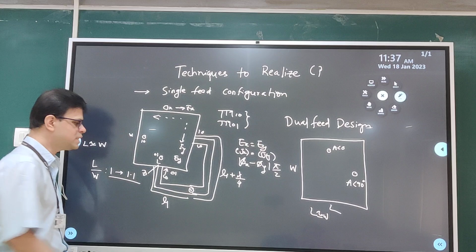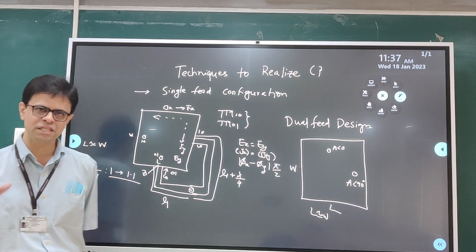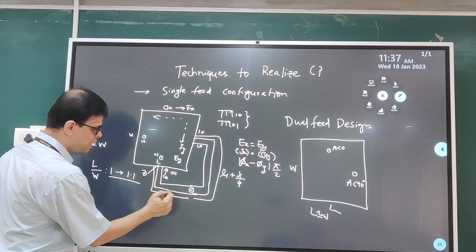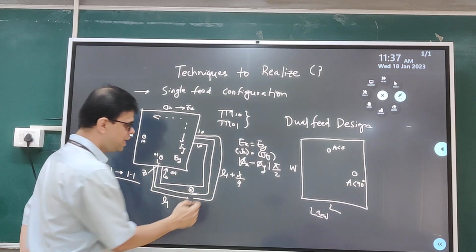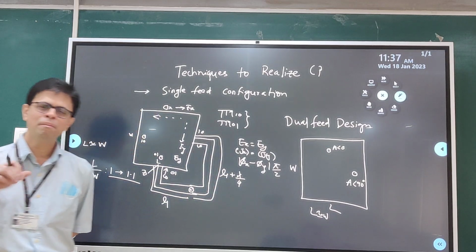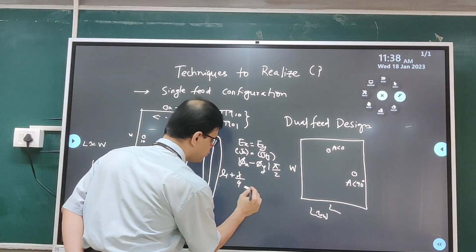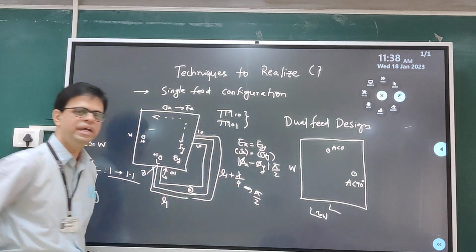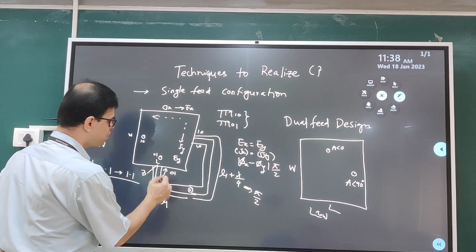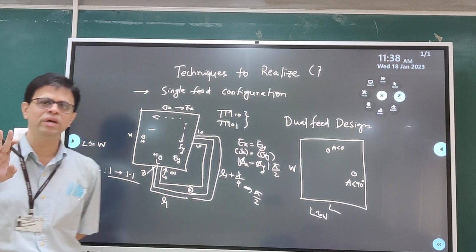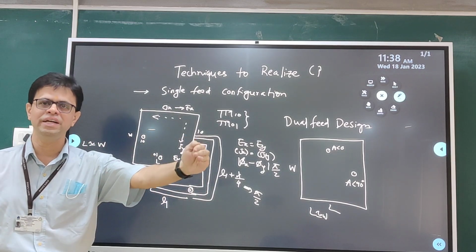To achieve that, the length of the power divider network is selected such that, for example, if this length from the coaxial feed to the edge of the microstrip antenna is L1, then this length should be L1 plus lambda by 4, because a lambda by 4 travel will give me a pi by 2 radians phase shift. So this will ensure that, remember, both the signals are undergoing L1 phase shift, but this signal will undergo an additional 90-degree phase shift.